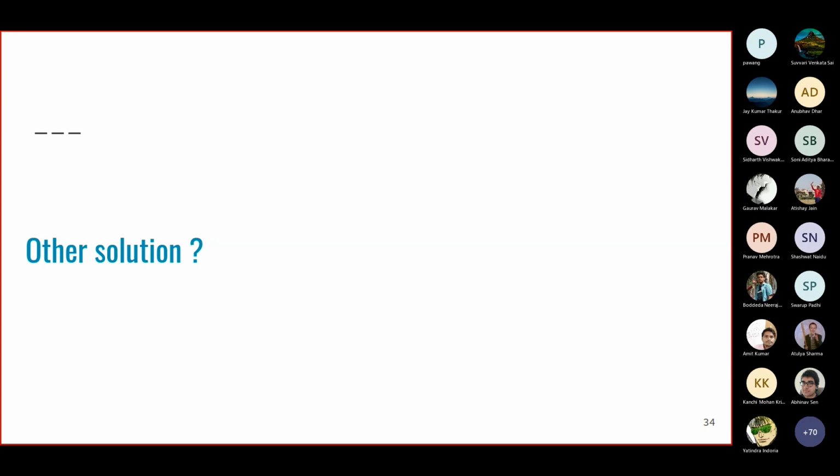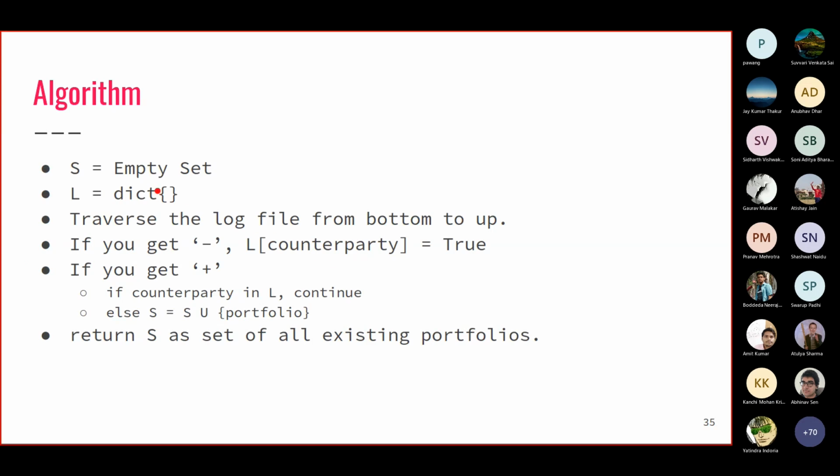Any better solution or any other solution? Okay, no problem. So the solution could be like this. We shall take a set which is initially empty, and we shall take a dictionary which is initially empty, and then we traverse through the log file from bottom to up. If you get minus, then you just set that counterparty position to true.